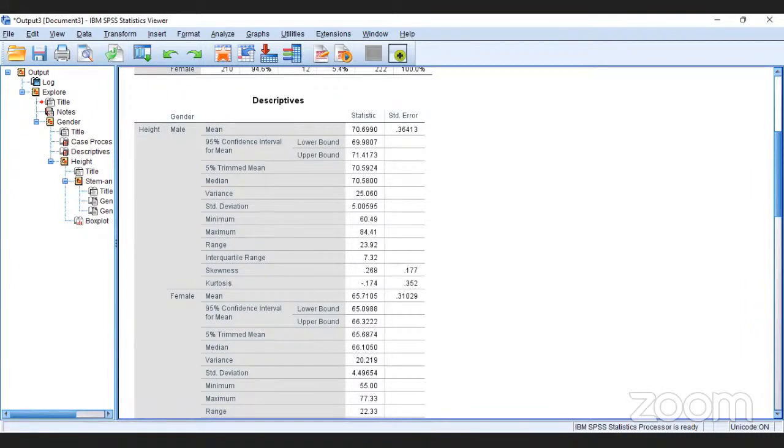For the average height for men, people of my height, is 1.7, which is far higher than this. For women, it's 65. So that is what we are noticing, that generally we have a higher height for men.